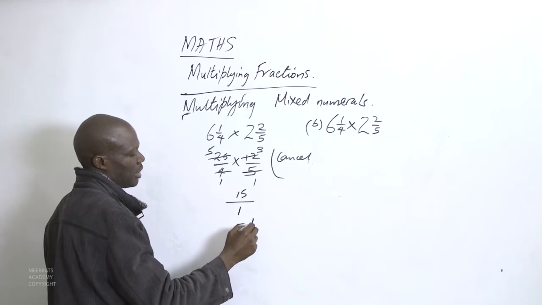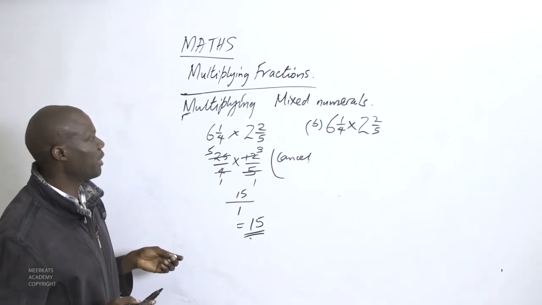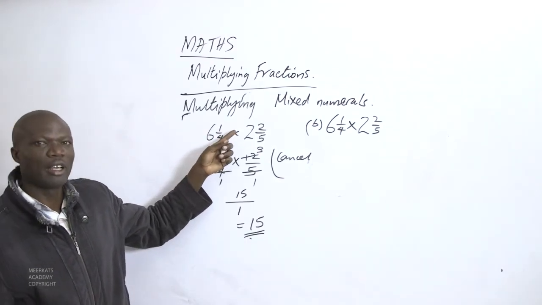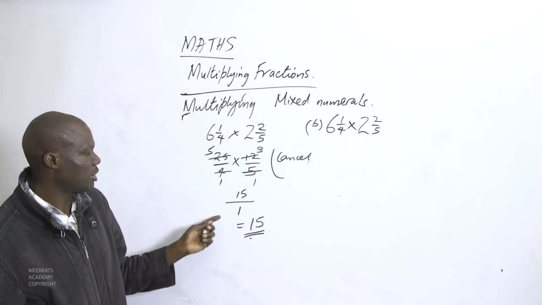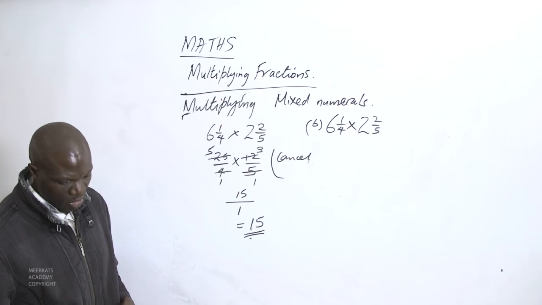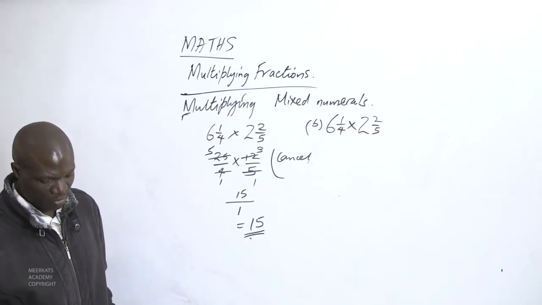So this gives us the answer as 15. We can simply agree and say that 6 1/4 times 2 and 2 over 5 is equal to 15. We are able to have our answer in the most simplified way.